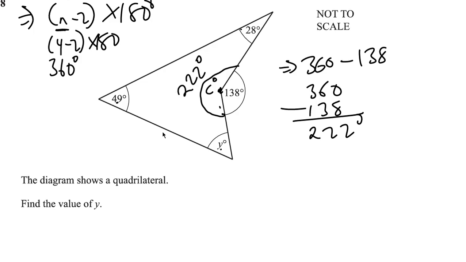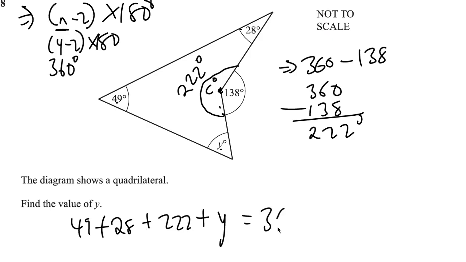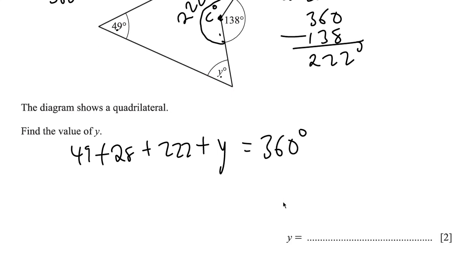So what does this say? The sum of the interior angles is going to be equal to 360 degrees. So that implies that 49 plus 28 plus 222 plus y is equal to 360 degrees. 49 plus 28 gives us 77, and 77 plus 222 gives us 299.